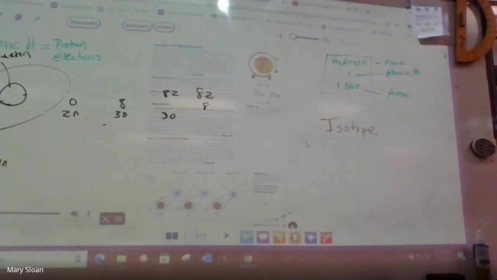All 3 types contain 19 protons and 19 electrons. However, one type of potassium atom contains 20 neutrons, another 21 neutrons, and still another 22 neutrons. Atoms with the same number of protons but different numbers of neutrons are called isotopes.